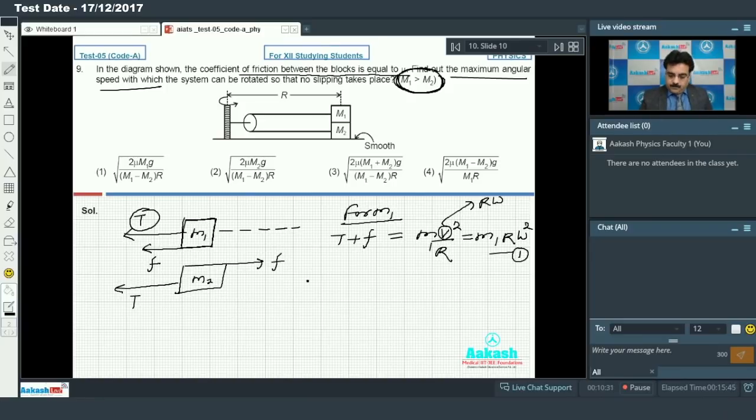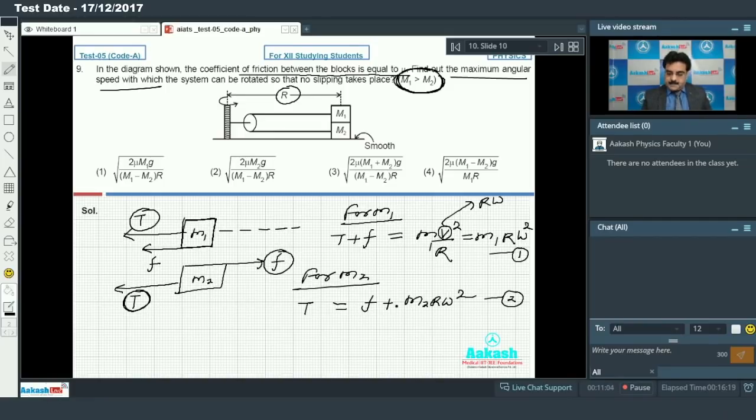Similarly, if I go for M2, I can see that the tension T and friction force will act in opposite directions. So we'll write tension T is equal to F plus M2 r omega square, because r is the radius. This distance r will play the role just like a radius.